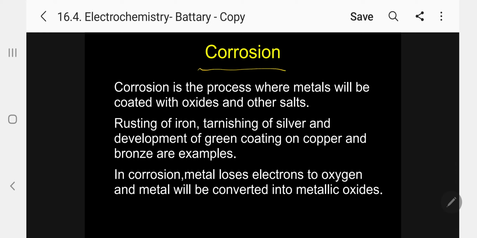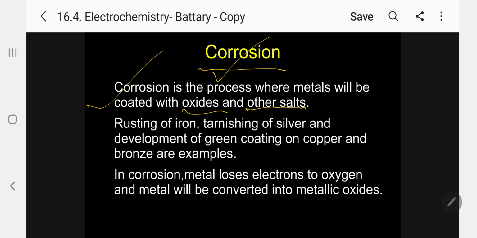What is meant by corrosion? Corrosion is the process where metals will be coated with oxides and other salts. Normally, when new buildings are constructed, you can see the metals are very dark in color.